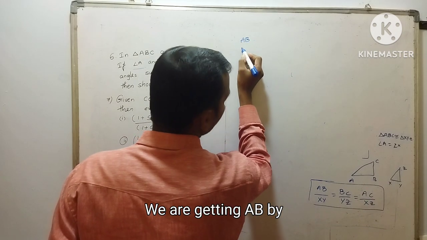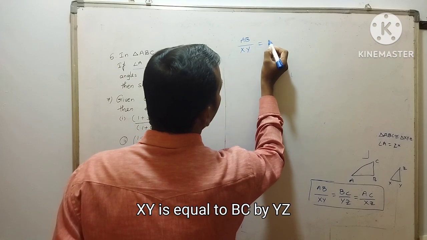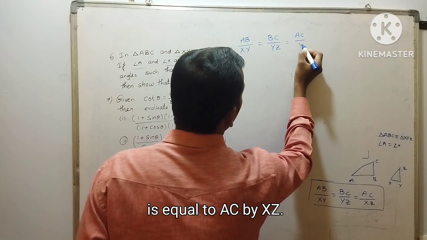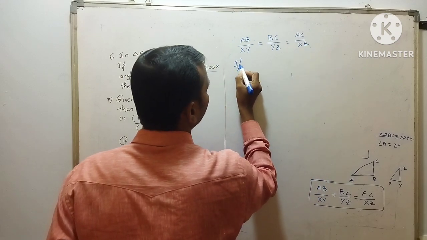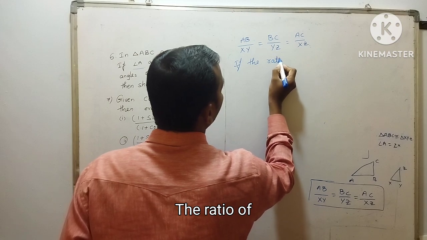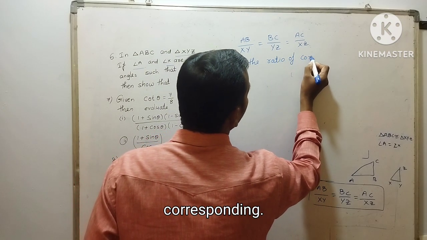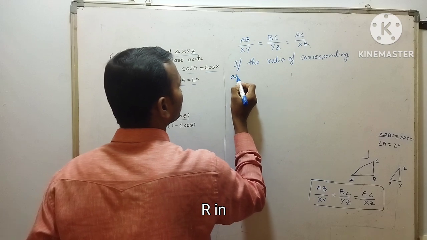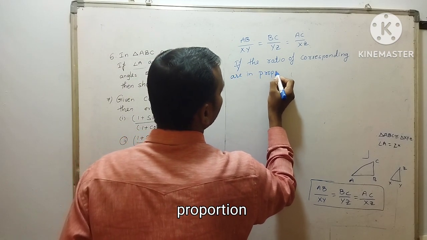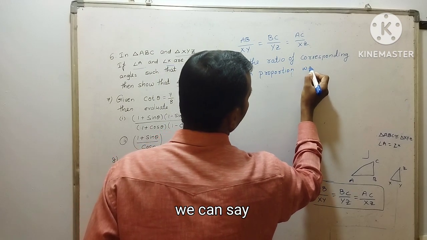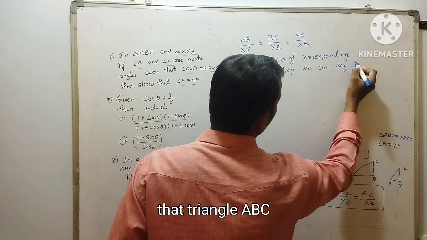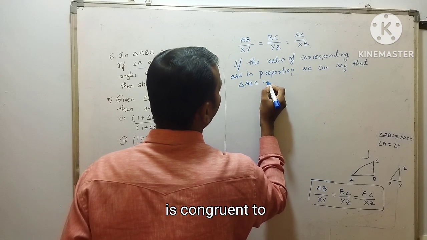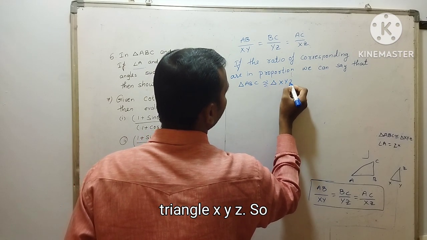If the ratios of corresponding sides are in proportion, we can say that triangle ABC is similar to triangle XYZ.